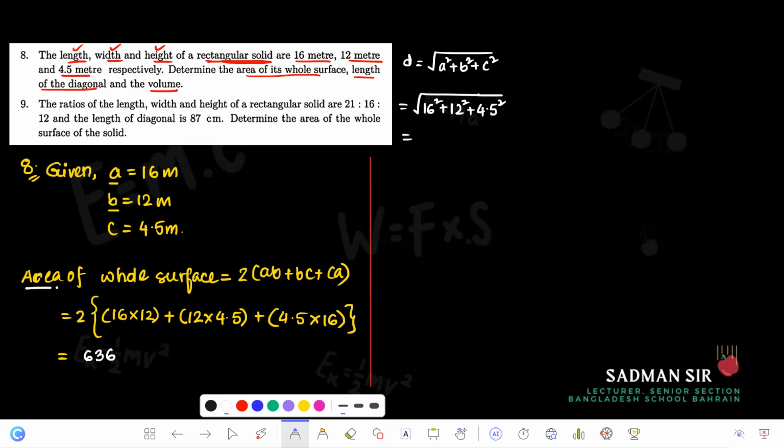As this is area, the unit will be meter square. Get the diagonal also.